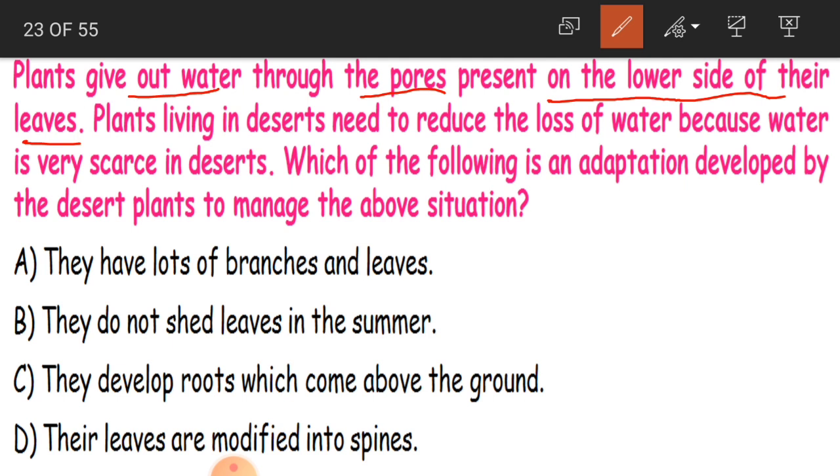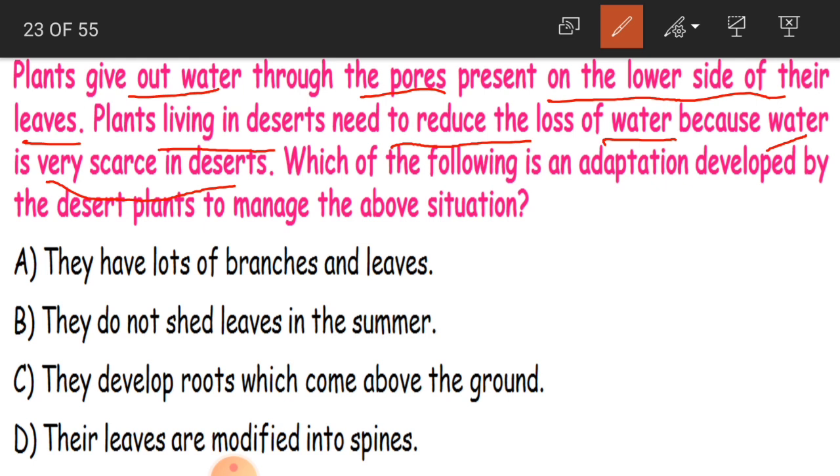And plants living in deserts need to reduce the loss of water because water is very scarcely available in deserts.